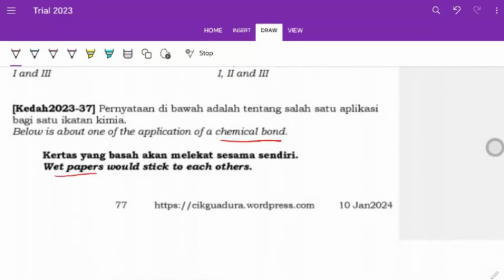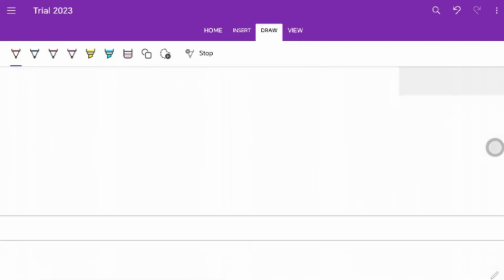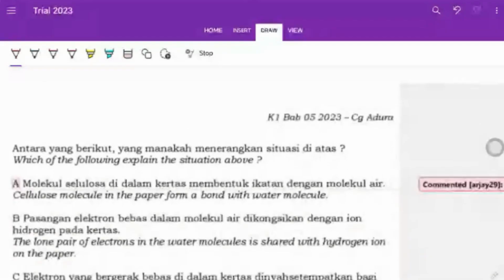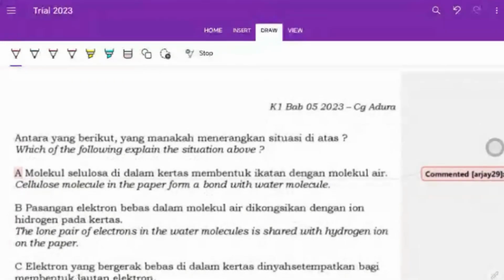Okay, next, below, one of the applications of the chemical bond. The wet paper would stick to each other. Class, what is this bond? Keep repeating the concept, right? Which of the following explain the situation above? Cellulose molecules in the paper form a bond. This one we should emphasize is a hydrogen bond.